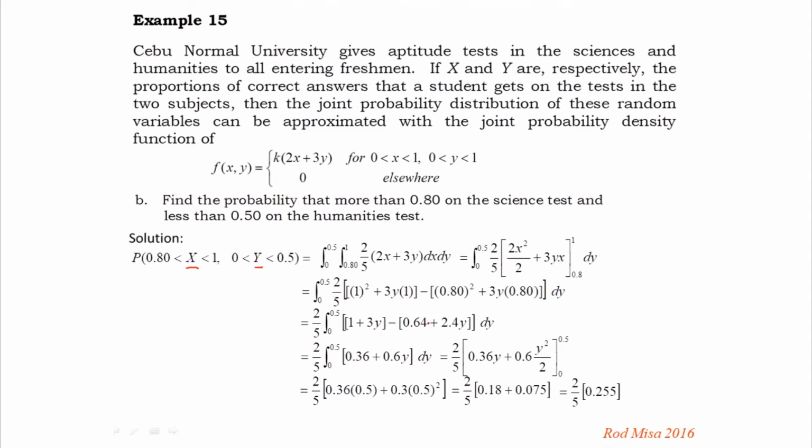And the sum, which is 0.255, will be multiplied by 2/5. Hence, our probability value is 0.102. So therefore, the probability of answering correctly more than 80% of the science test questions and answering correctly less than 50% of the humanities test is 10.2%.